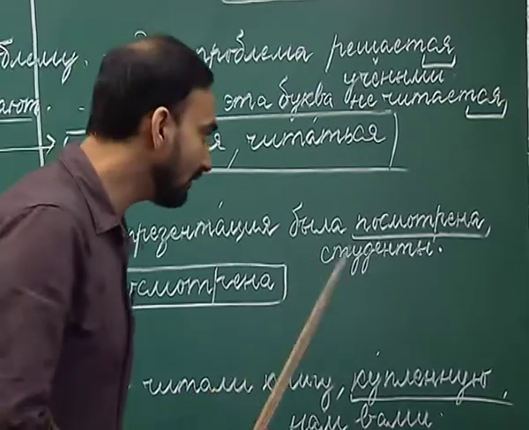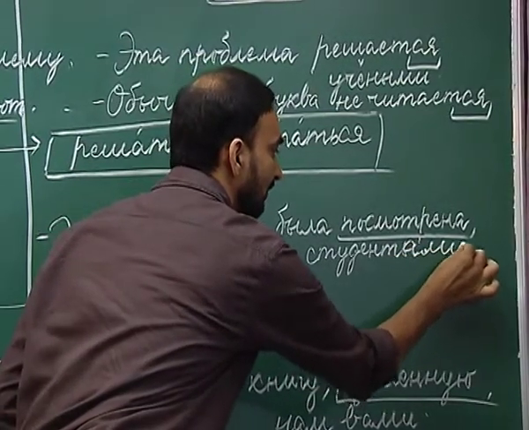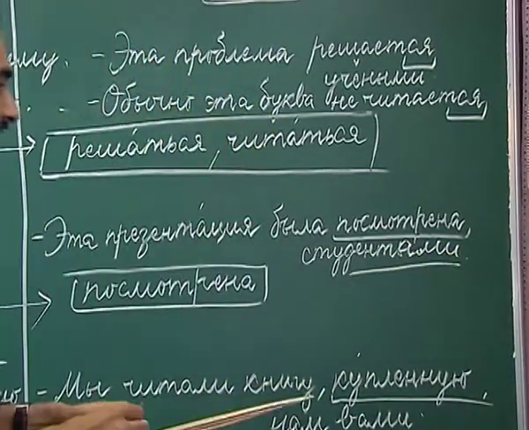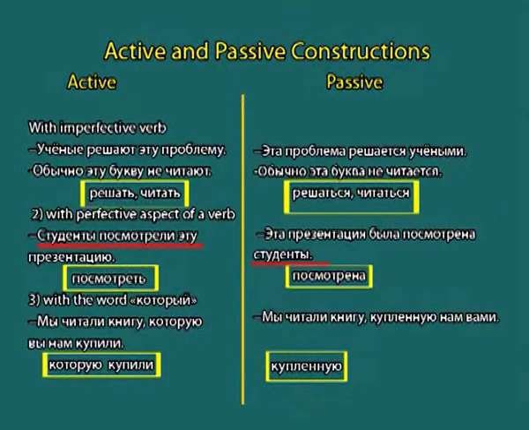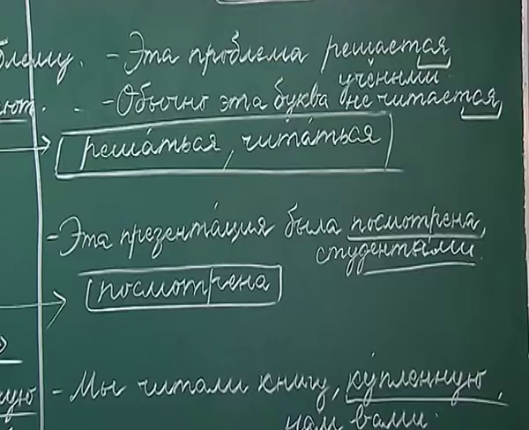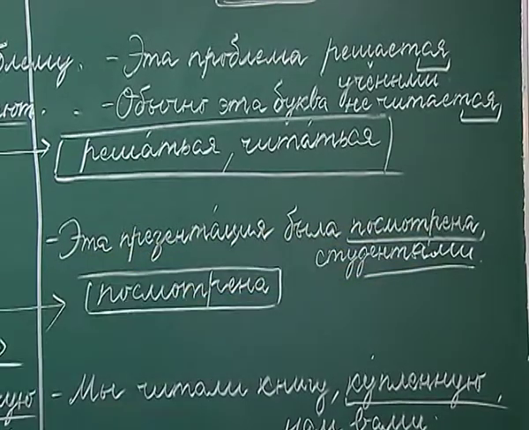So, here it will not be studyanti, but studyantami. Why studyantami? We have already discussed. Whenever we denote the performer of an action, then we put the noun into instrumental case. So, eta presentatsia bila pasmotrena studyantami.